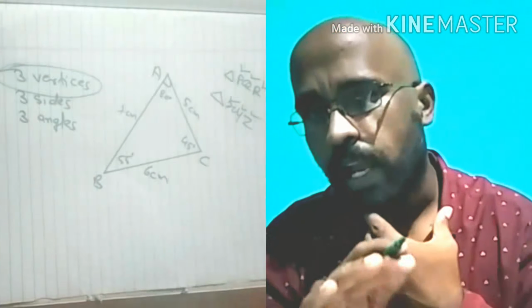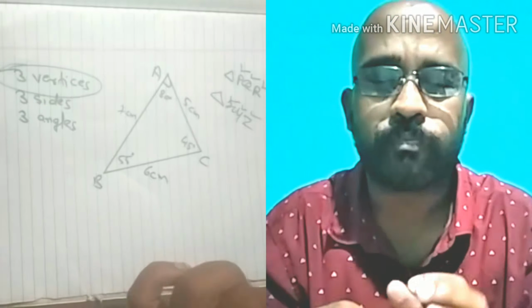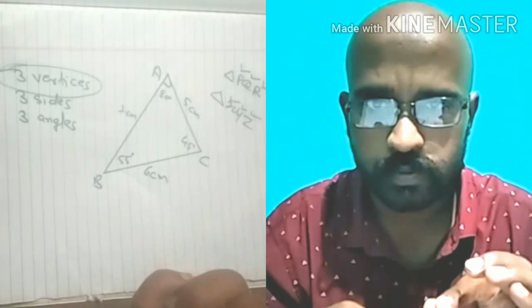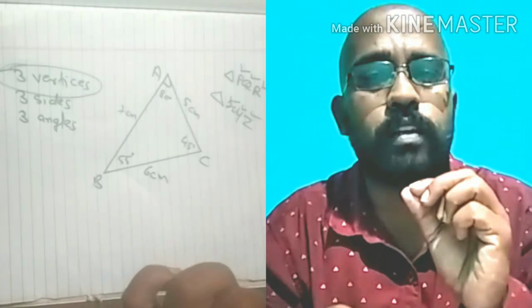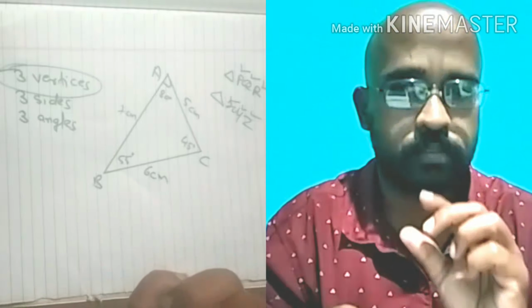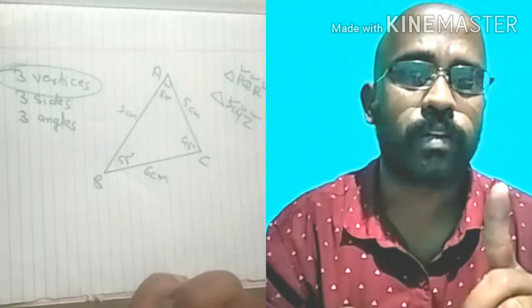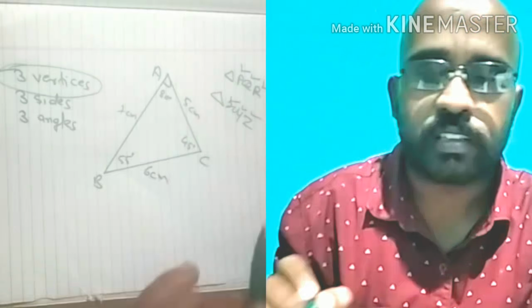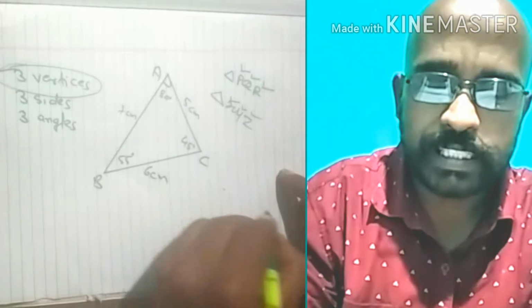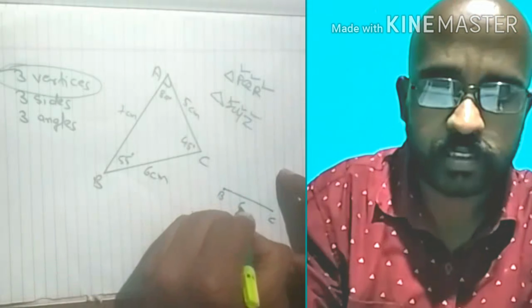Students, whenever information about triangle is given, carefully read the question, first draw a rough figure, and then listen, the next trick is there. Suppose information about any side is given, draw that side first. Suppose BC is 6 centimeter, so it's easy to draw a line segment of 6 centimeter.